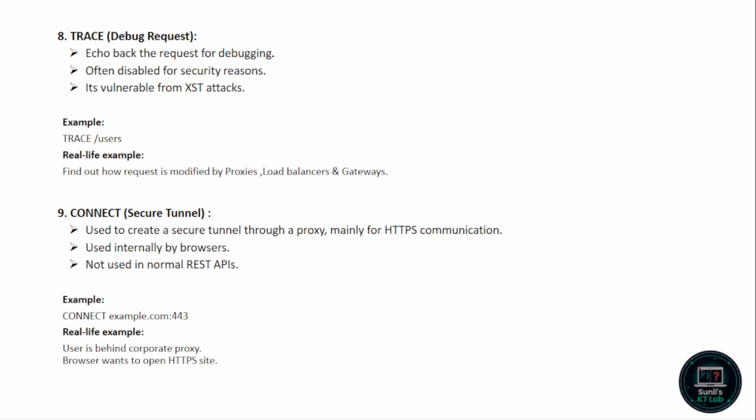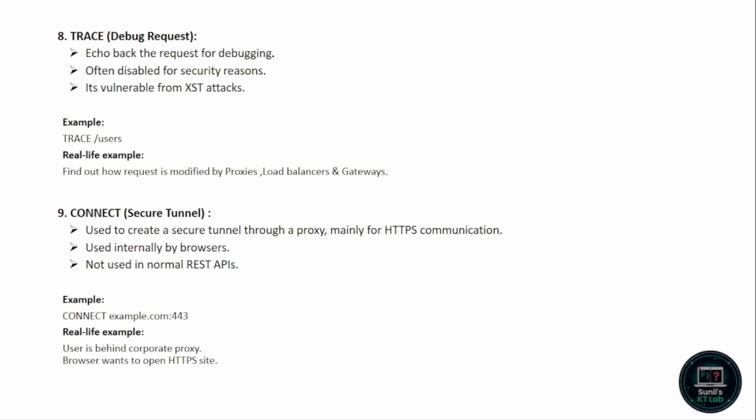Ninth one is CONNECT, which is also known as secure tunnel, and basically it is used internally by the browser. It's not sent by the user, it's sent internally by the browser.